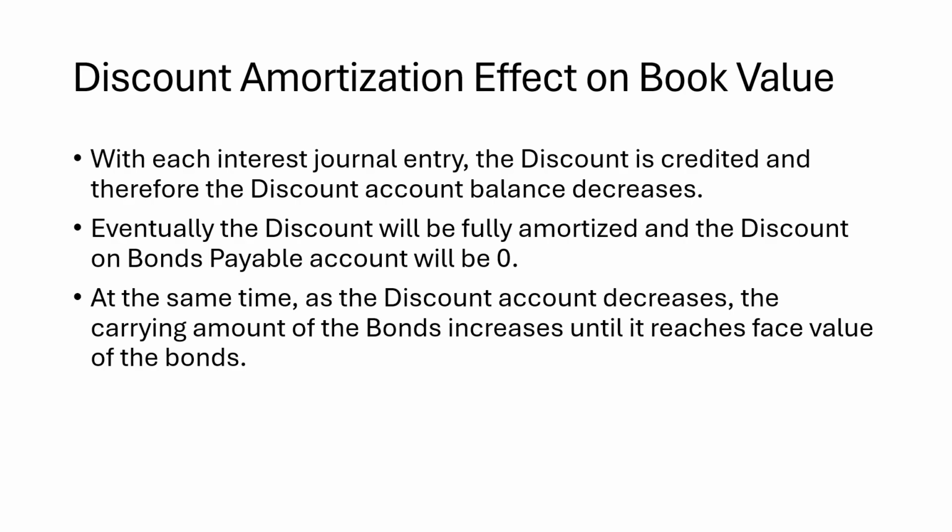So for instance, if it is $100 of discount and it is a 5-year bond, then annually $20 will be allocated in the journal entry. So year 1, $20, year 2, $20, all the way through year 5, you will be reducing that discount amount until the discount on bonds payable account equals 0.